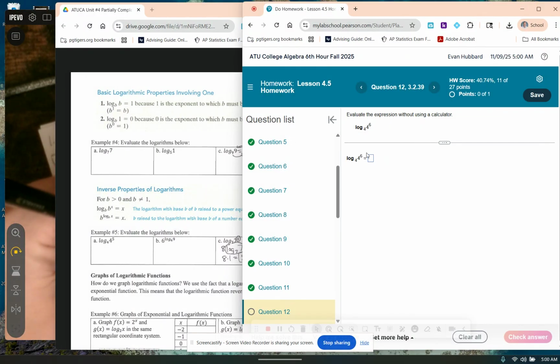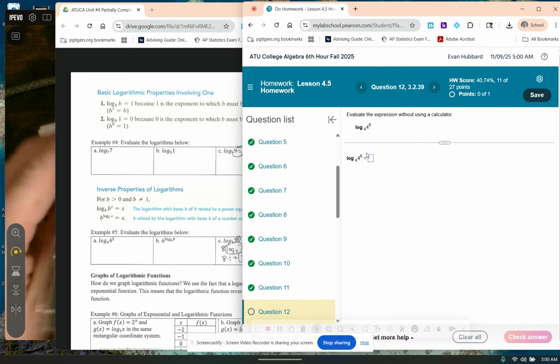So in this case, x will equal 6. Log base 4 of 4 is equal to 1, and then you just bring down the exponent, so x equals 6.